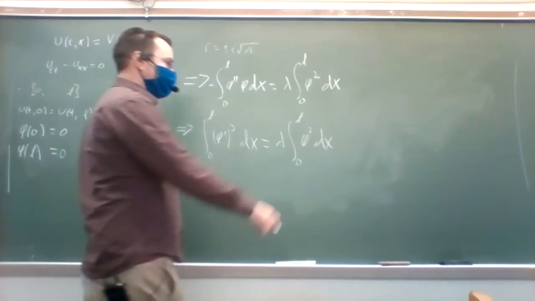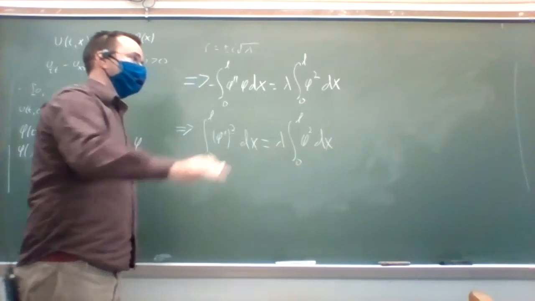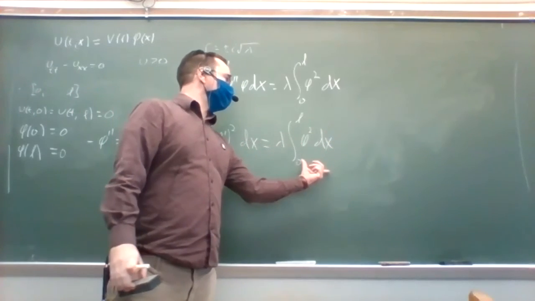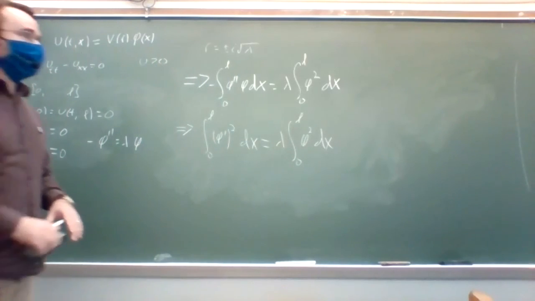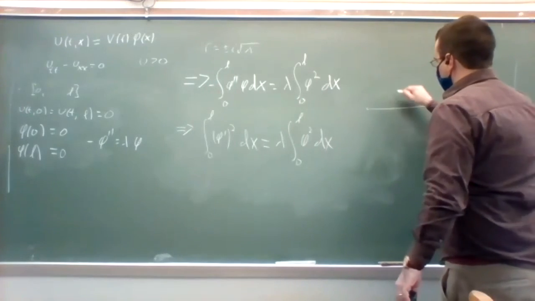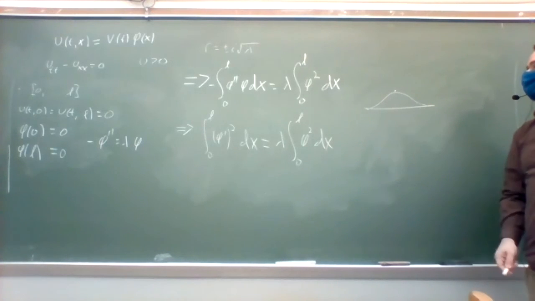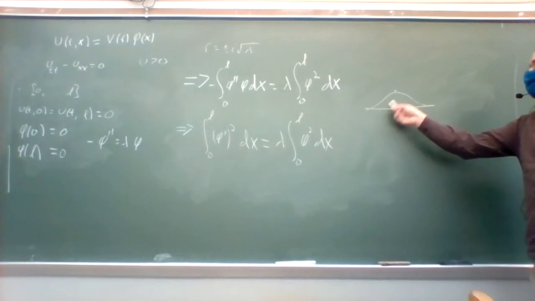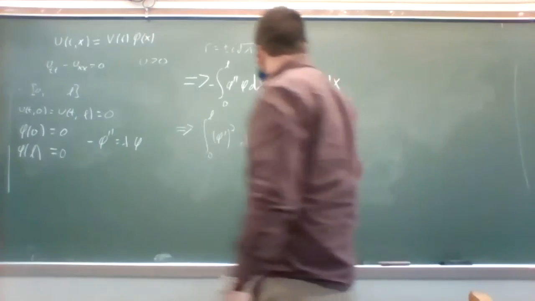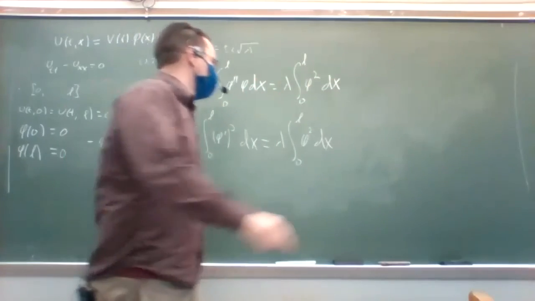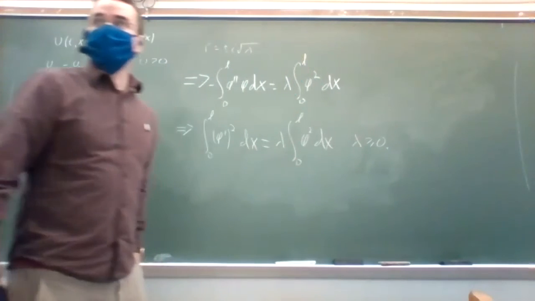If you're integrating a function that's non-negative and continuous and not everywhere 0, its integral is going to be strictly positive. We've spoken about that before, but basically if you have some point where you're positive, by continuity, you must have a whole region where you're positive. Integrating over that region makes you bigger than 0. So dividing both sides by this integral, you can now see that lambda is bigger than or equal to 0.